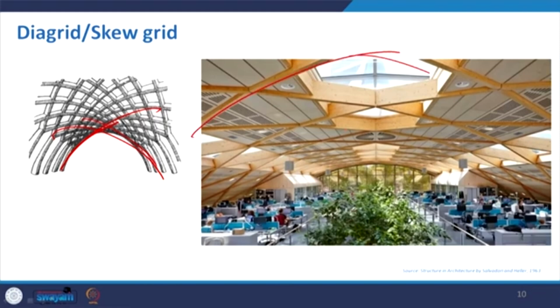Each has some crossing nature, and that is forming this particular grid. Again it is being used for a public space like this office area where you can see the cubicles, so this roof is being created.